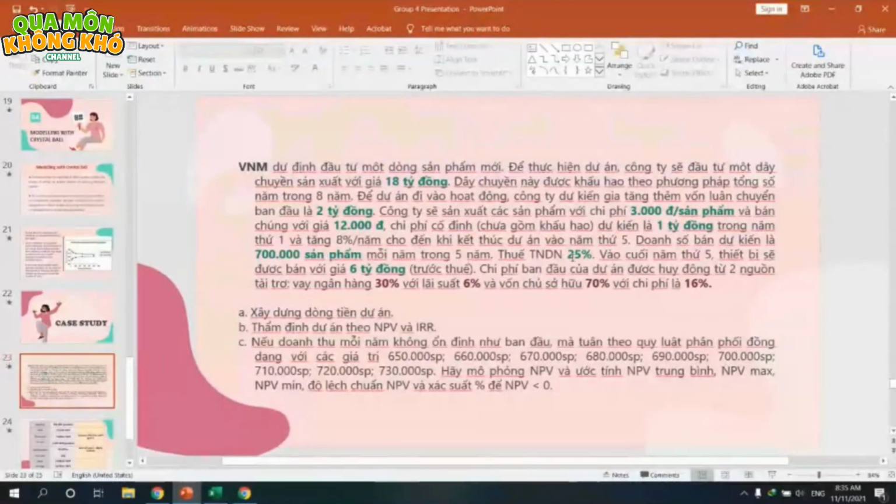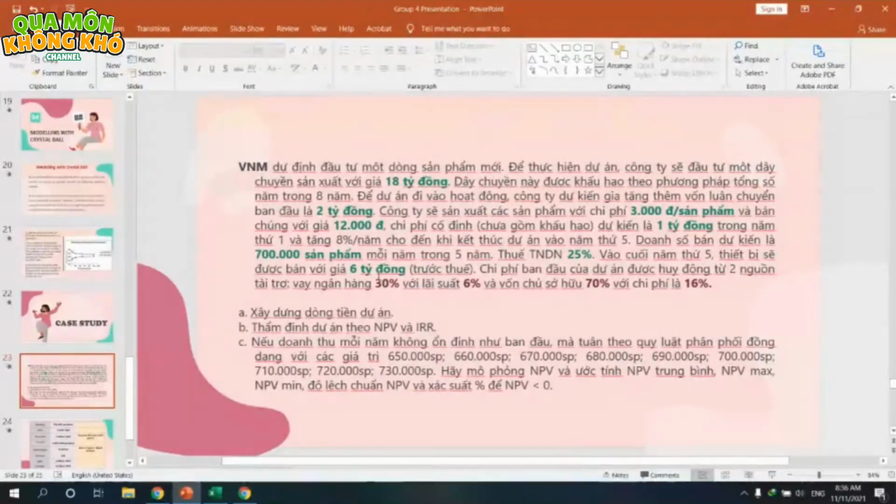The tax is 25%, and it is said that at the end of year 5, the machine will be sold at 6 billion. And we also learned that this 6 billion is called the salvage value, so we can use it to calculate the after-tax salvage value.